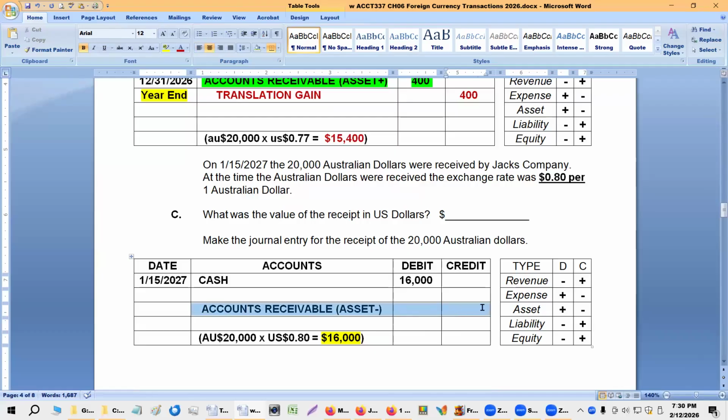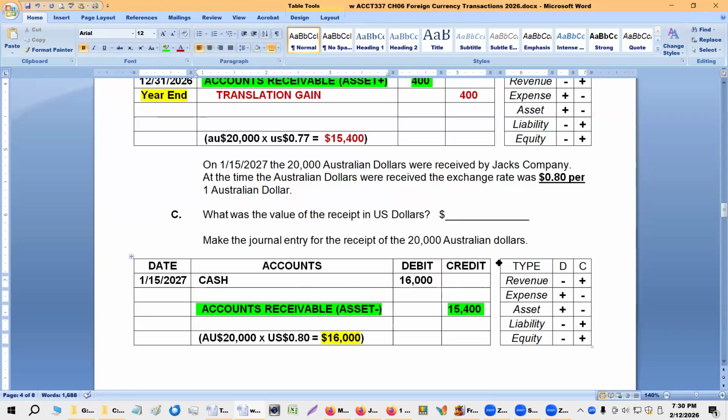So this would be $15,400. Now what? You don't balance. It'll be translation gain 600.